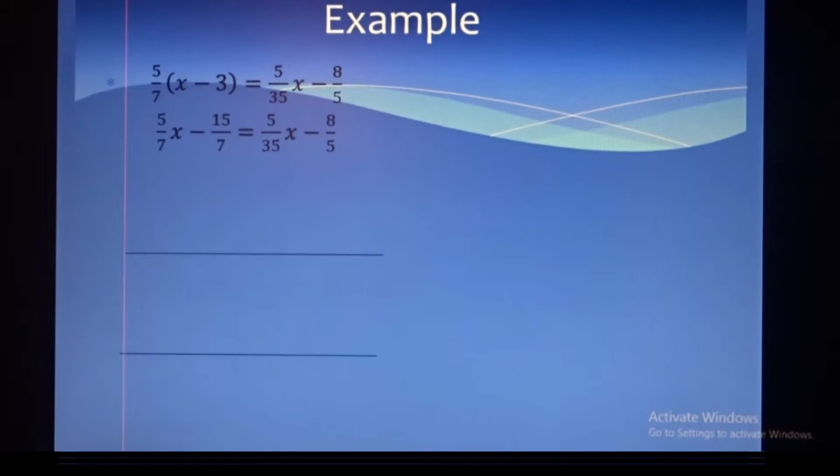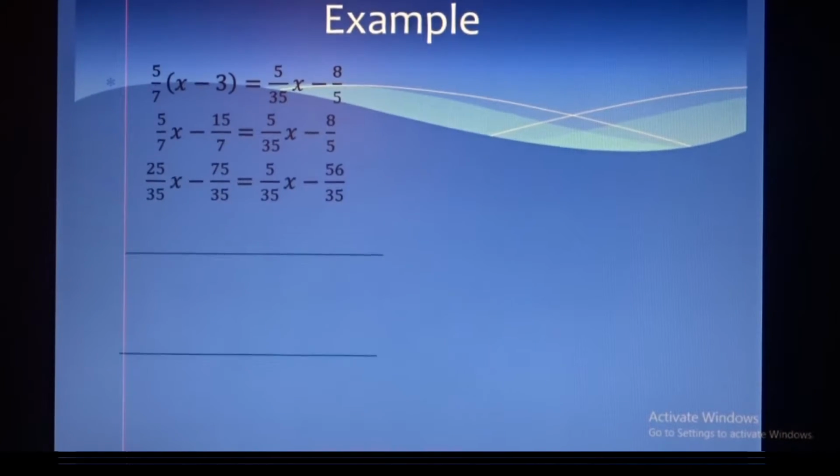Well, our least common denominator is going to be 35, because 7 goes into 35 and 5 goes into 35. So I need to make 7 into 35, and I need to make 5 into 35. So we're going to change our denominators, and that means some of our numerators will change as well.